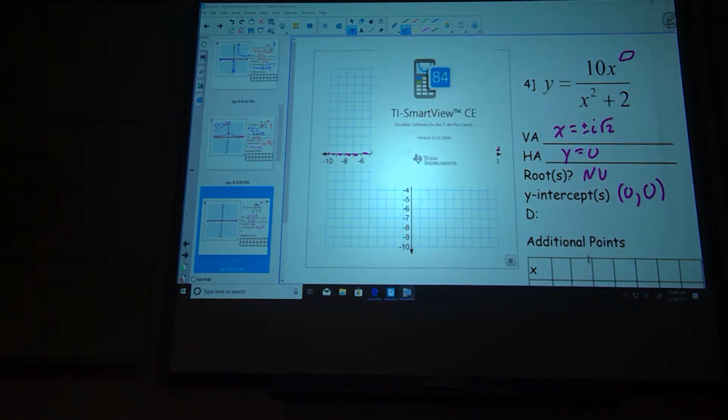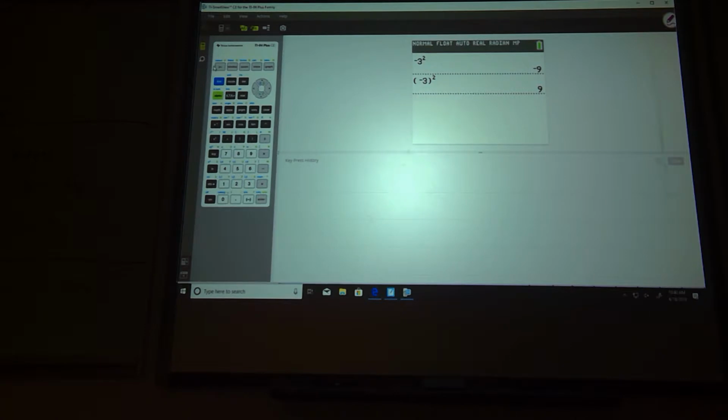Come on, T.I. Think about it. So if you don't want a vertical asymptote, you just don't draw it. Yeah, so I want to just show you what this graph is going to look like.